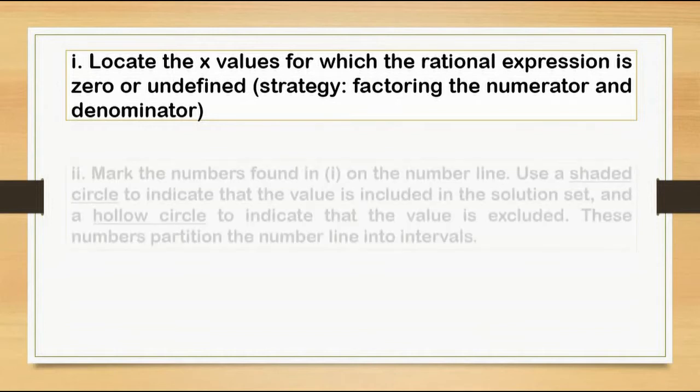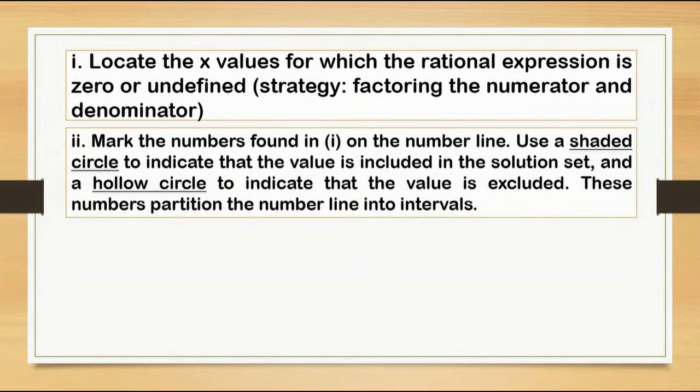Second, mark the numbers found in the first step on the number line. Use a shaded circle to indicate that the value is included in the solution set, and a hollow circle to indicate that the value is excluded. These numbers partition the number line into intervals.